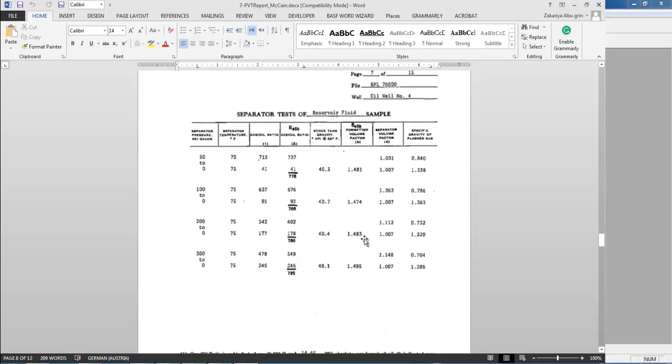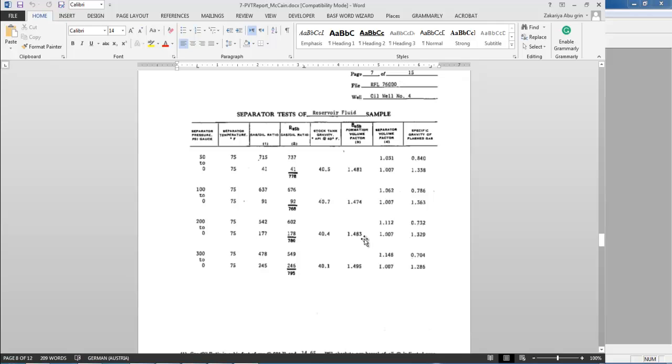So your choice will always be the lowest GOR, the lowest Bo, and the highest API. The lowest Bo will mean that your oil will not shrink a lot. So it will shrink only a small amount.